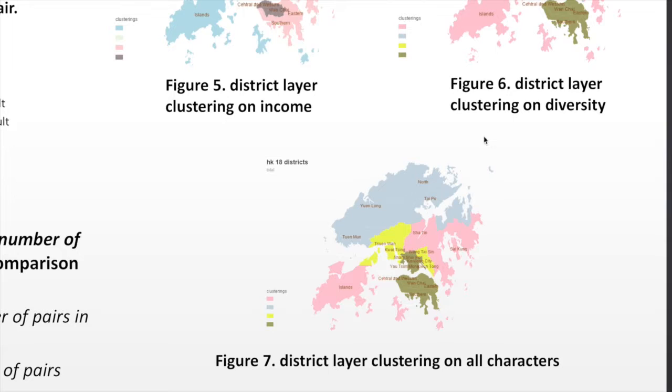These three pictures are the results we get from the e-charts. And we also use the Baidu map API to plot the clustering result, and we put the result onto our website.